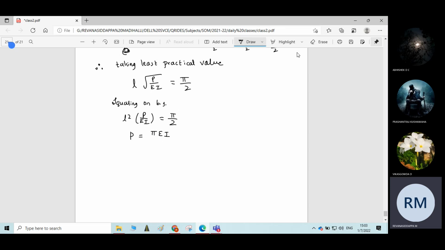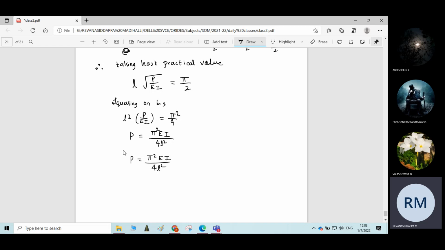Here I did not square the RHS term, did I? When you square pi by 2, it becomes pi square by 4, correct? Therefore P becomes pi square EI by 4 L square. Therefore P is equal to pi square EI by 4 L square.